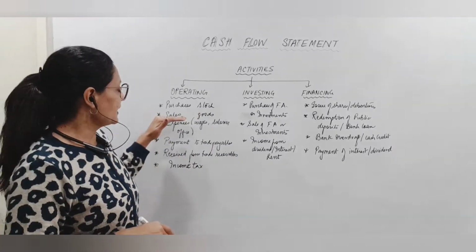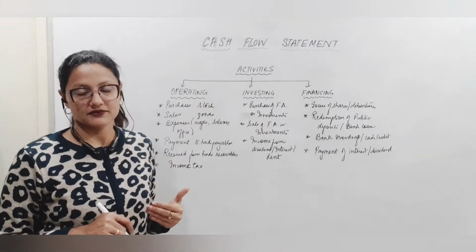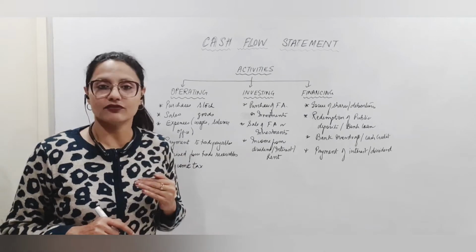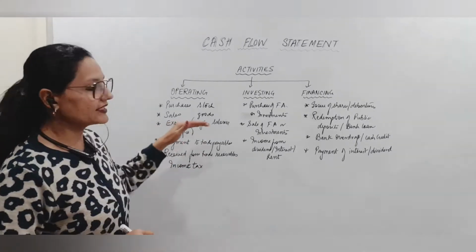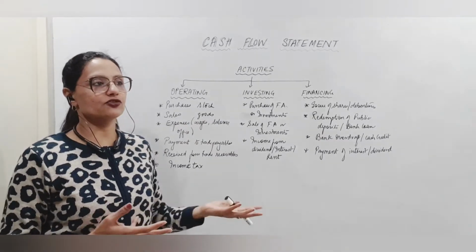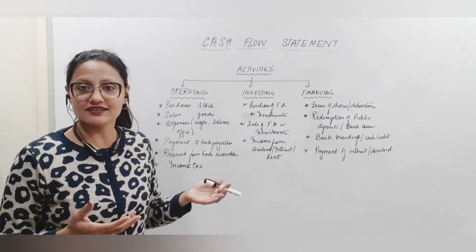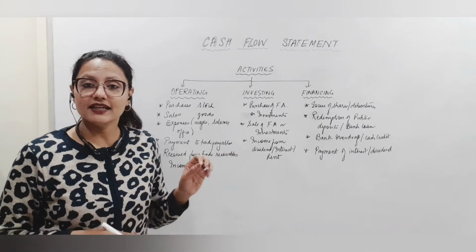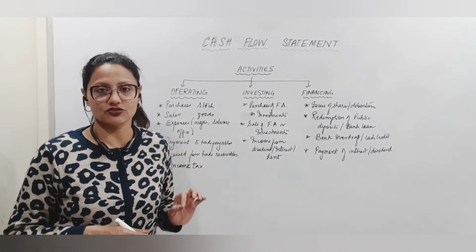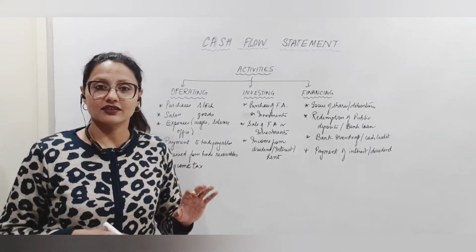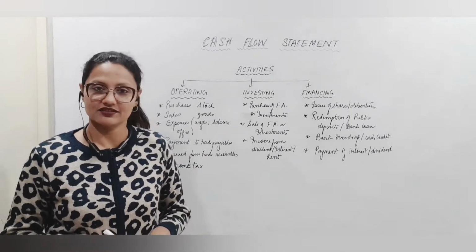Sales will bring us money, right? Paisa aa raha hai. Inflow. Then we have expenses like wages, salary, distribution expenses, freight, transportation, insurance, even tax. All these are operating expenses, without which I cannot give effect to my basic operations.